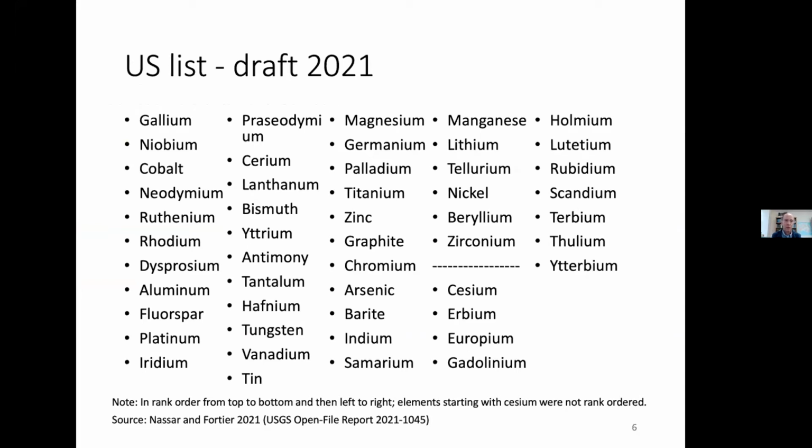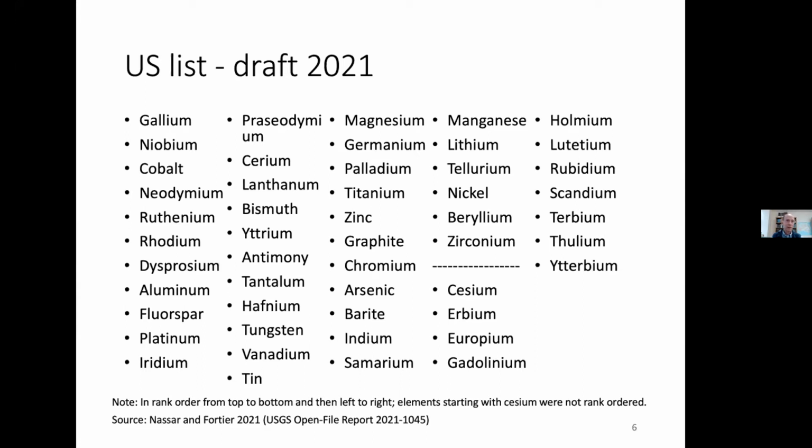Well, without counting, you can very quickly see that we maybe have narrowed the scope a little bit from 83 elements, but this is only 50. We're down from 83 to 50 elements that are recommended for designation as critical. I note in the bottom here that these are in rank order, starting at the upper left. So gallium is listed as most critical.